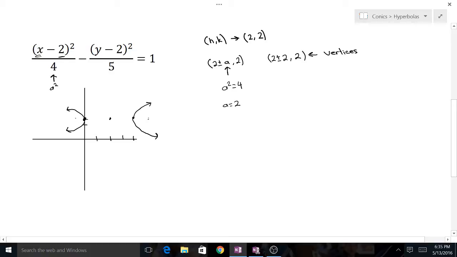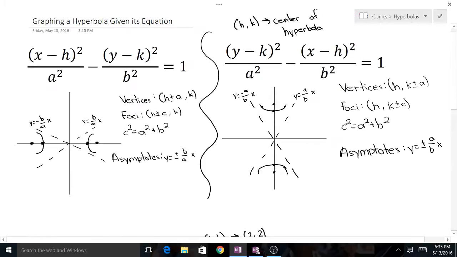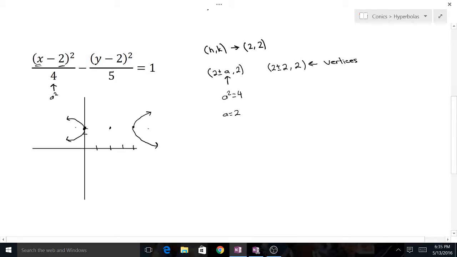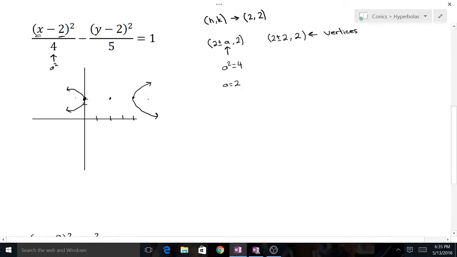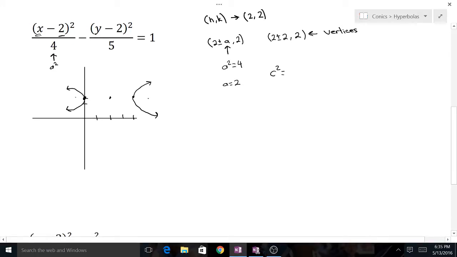To do that, we need our c value, because as we can look at our formula here, it's h plus or minus c, comma k. And we know c squared equals a squared plus b squared. And then we have a squared is 4. B squared is always what's under the second term, which is 5 in this case, equals c squared.